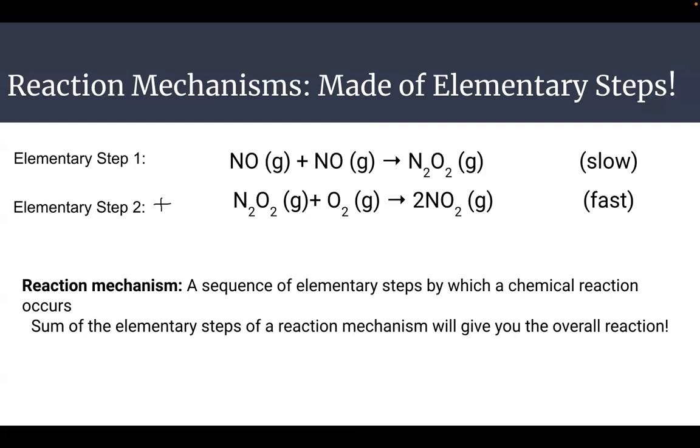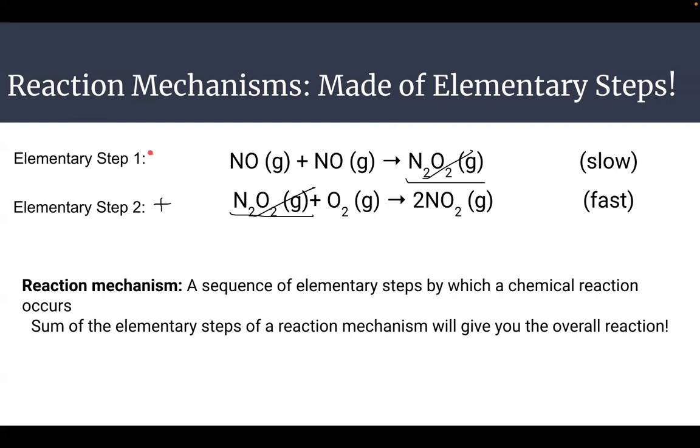Looking at our reaction right here, I notice N2O2 is on the product side in elementary step number 1, but it's also on the reactant side in elementary step number 2. Because it's on both the product and the reactant side in our reaction mechanism, it will cancel out, meaning this specific species, N2O2, is not going to be in our overall reaction.